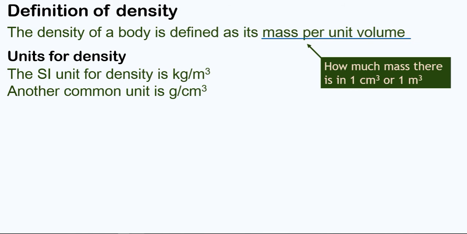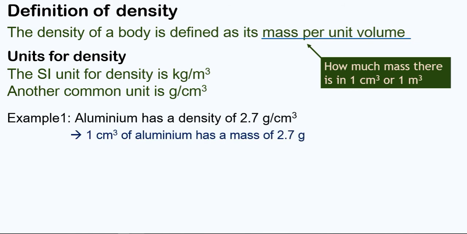Example 1, aluminium has a density of 2.7 grams per centimeter cube. Again, the density of a body is its mass per unit volume, that is, how much mass there is in 1 centimeter cube or 1 meter cube of the body. So aluminium having a density of 2.7 grams per centimeter cube means that in a volume of 1 centimeter cube, there is 2.7 grams of aluminium.